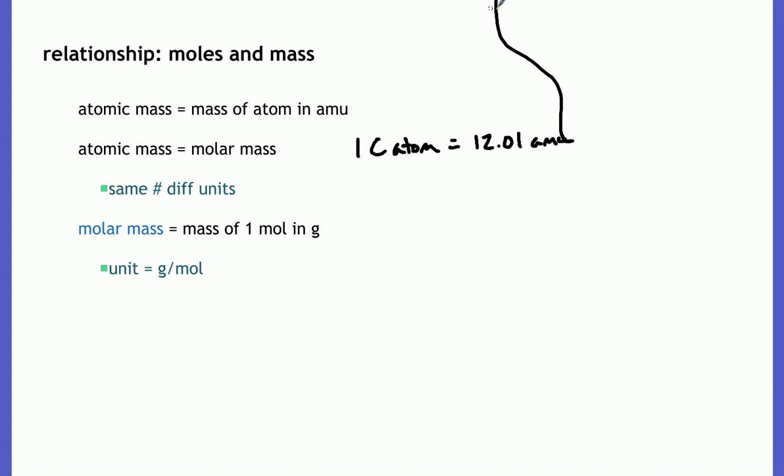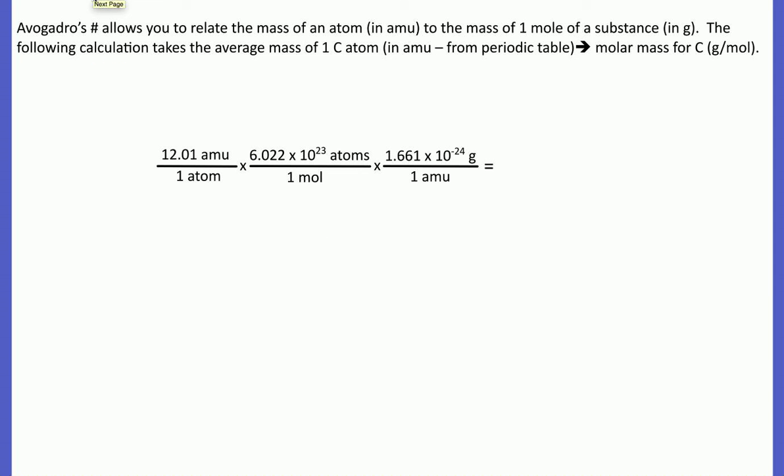But remember, if you remember us talking about that mass unit, that AMU, we made up that unit because it's so tiny we can't even measure it, right? If I wanted to express that in grams, it'd be a ridiculously small number. So I need to relate that to a large amount of carbon atoms and be able to still have that be useful. So actually we're going to jump to this calculation over here.